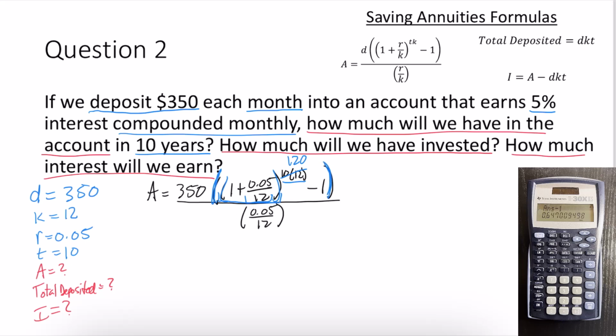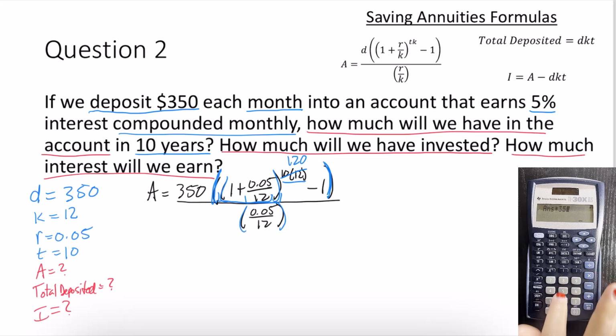Then I'm going to take that result and divide by the stuff on the bottom, because that will simplify the fraction. So I'm going to take that and divide by, in parentheses, 0.05 divided by 12. And that gives me that number. And then that number can just be multiplied by 350 to find out what A is.